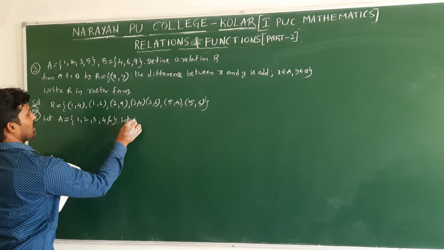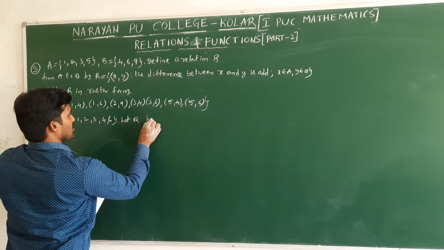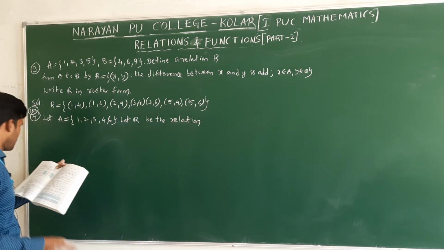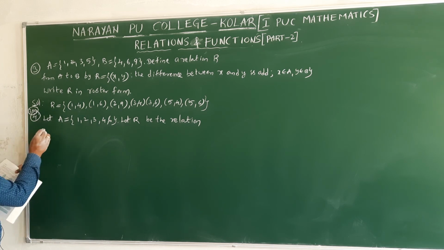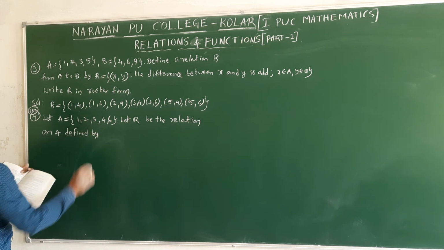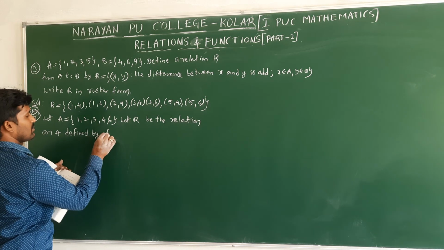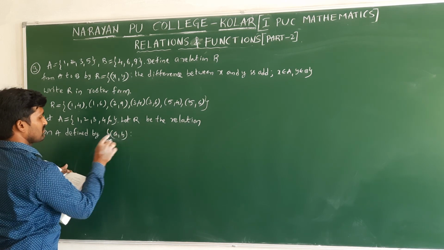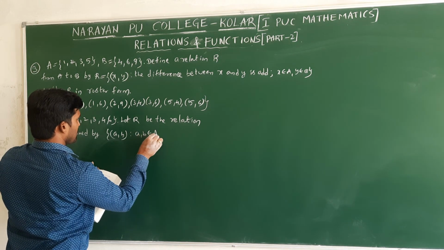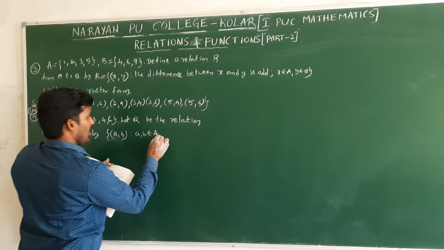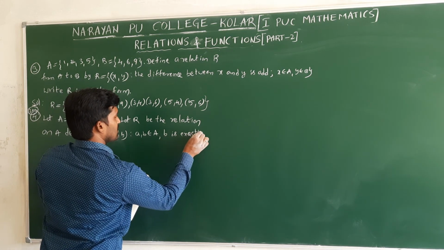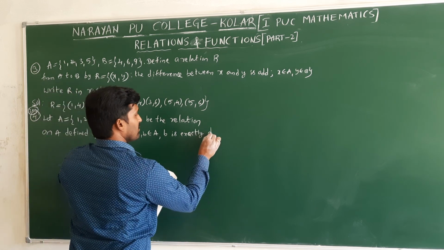Let R be the relation on A defined by R equal to the set of (a, b), where a, b belong to set A, and the relation given is b is exactly divisible by a.